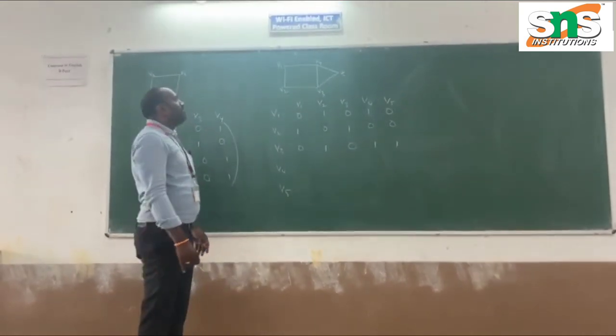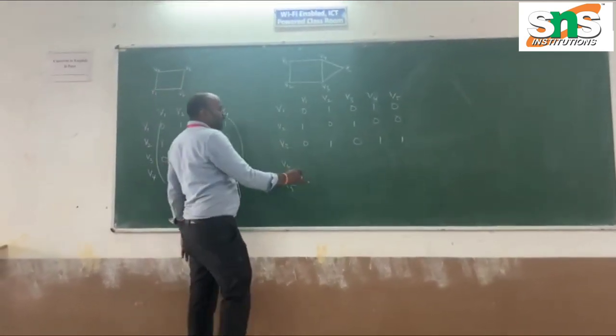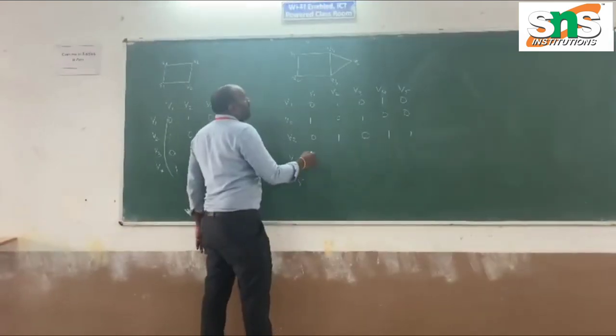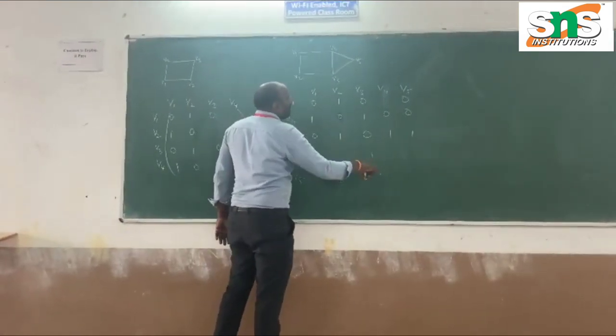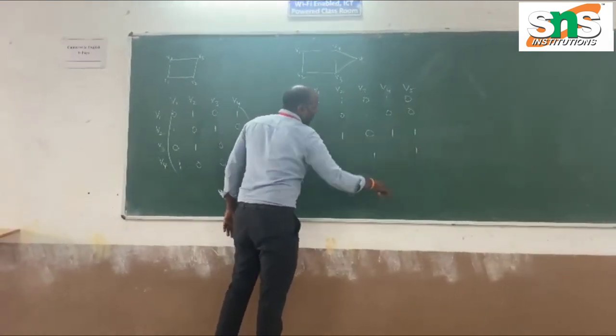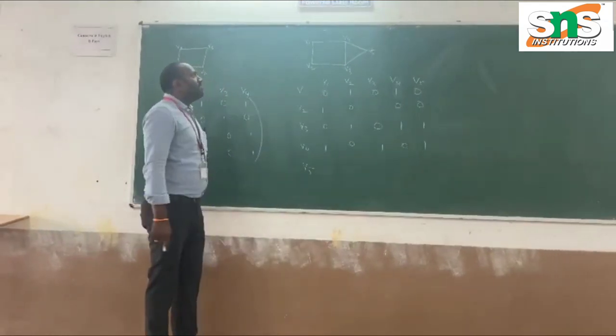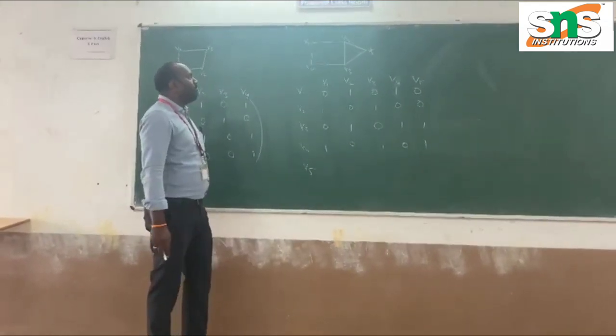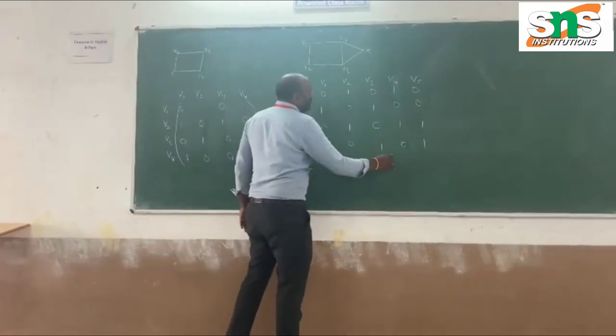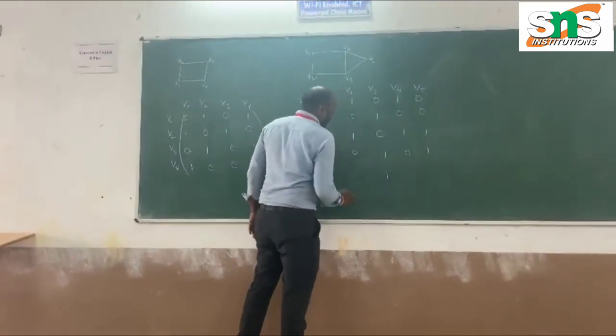Next, V4 is connected with V1 and V3 and V5, and the others will be 0. Then V5 is connected with V4 and V3. So V4 and V3.